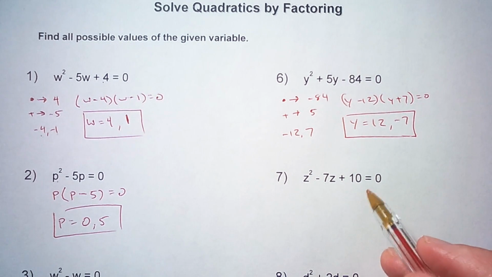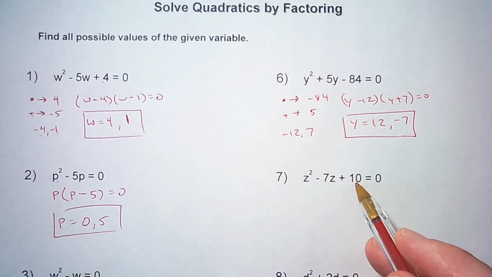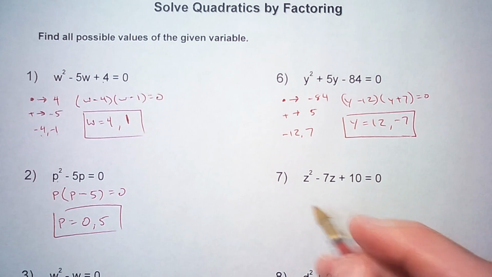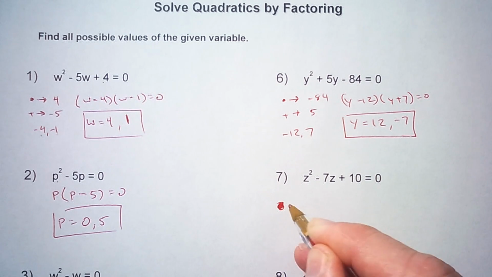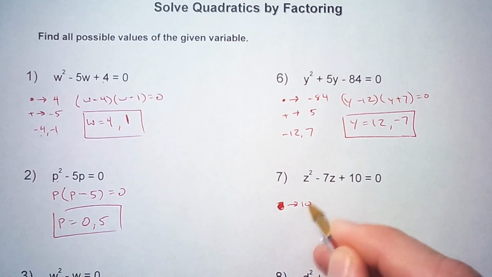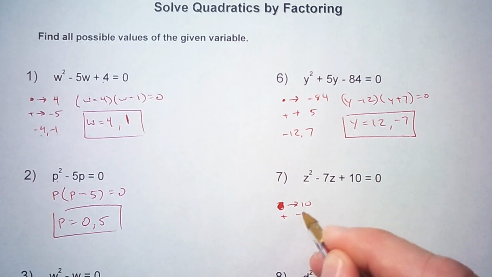Here I'm back to 3 terms. I do not have a greatest common factor to factor out. So I'm looking for 2 numbers that multiply to make 10 and add to make -7.